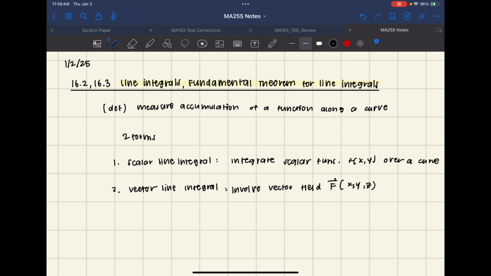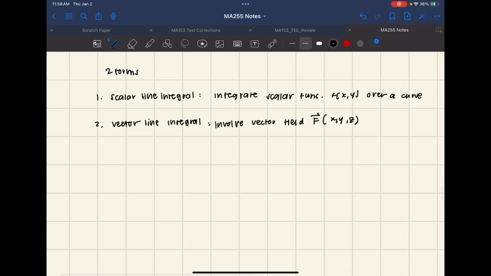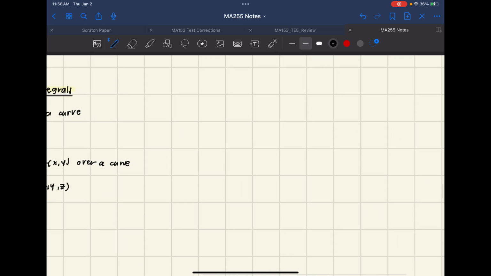Okay, so for scalar integrals, the formula is this, where f(x,y) is the scalar function and ds is the arc length differential, which measures the steps along the curve.